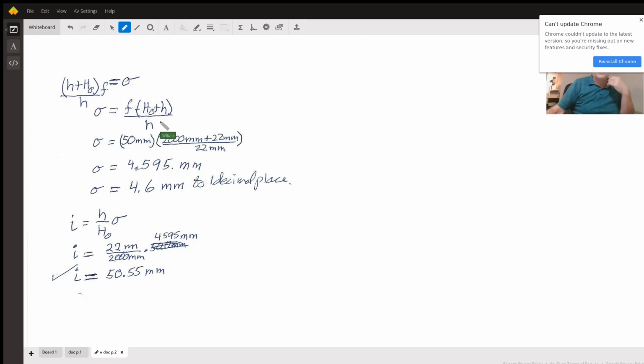H and h are almost the same, but not quite. This means that we end up with multiplying this out, 4,595 millimeters. And we can easily turn that into meters.